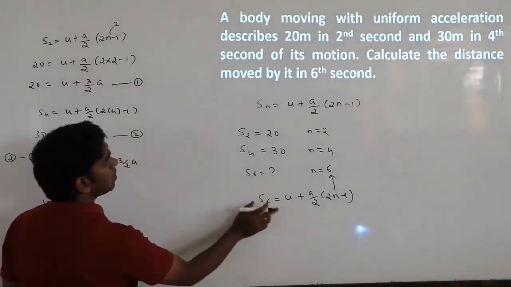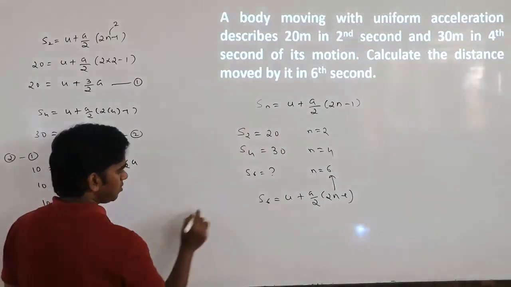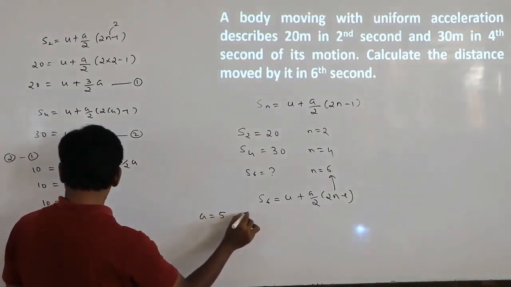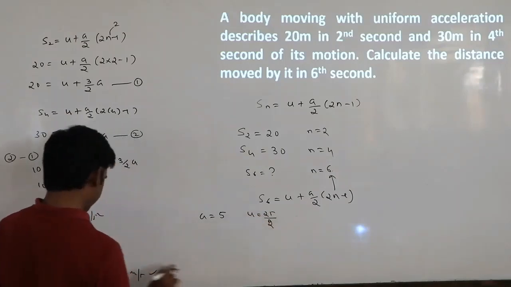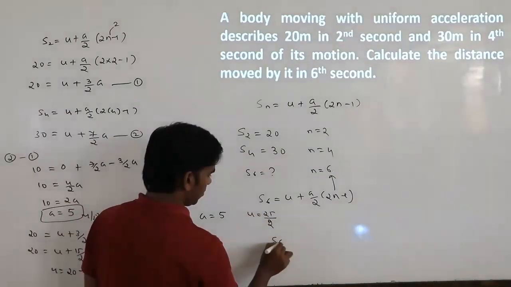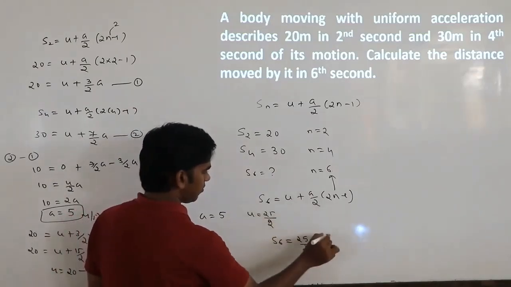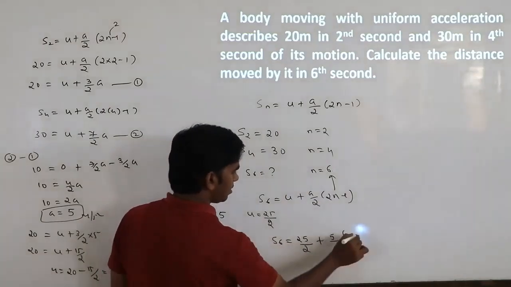So now what do we want? We want the distance moved in 6 seconds. For this A we got 5 and U we got 25 by 2. So S6 equals U, which is 25 by 2, plus A by 2, which is 5 by 2, into 2N minus 1, where N is 6.